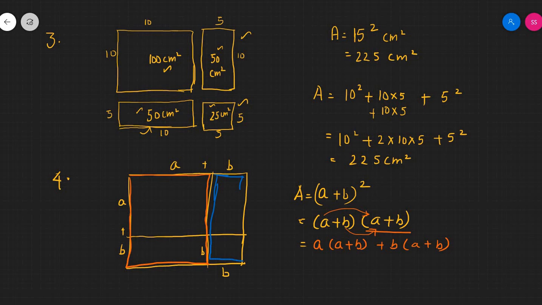So that's this. And this is a and this is b. So that's b into a plus b. So that's the area. You can further divide this into a squared, and that's this. A into a is a squared plus ab, and that is this.